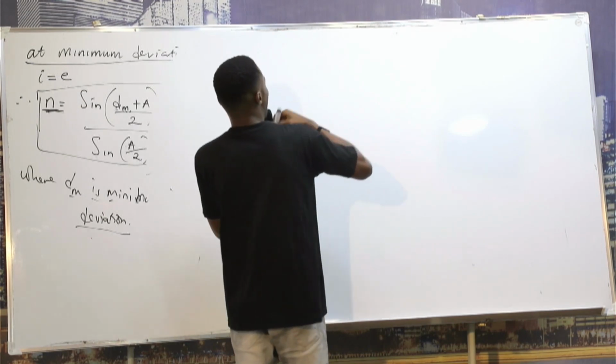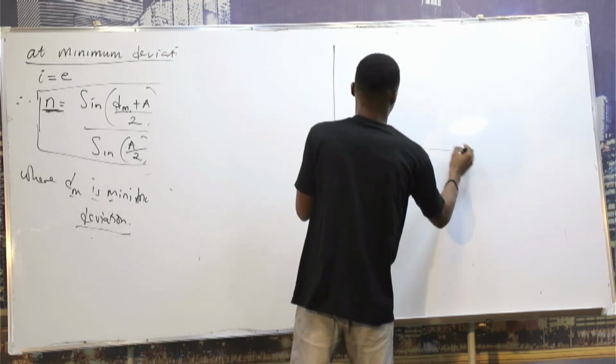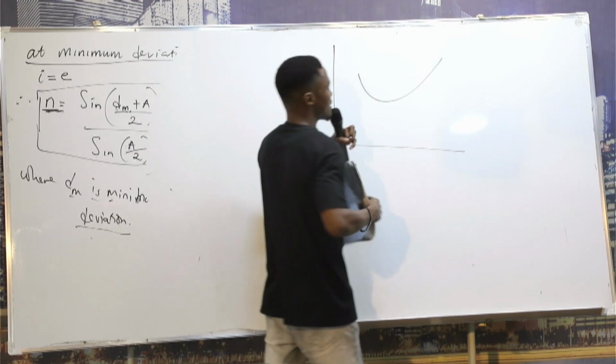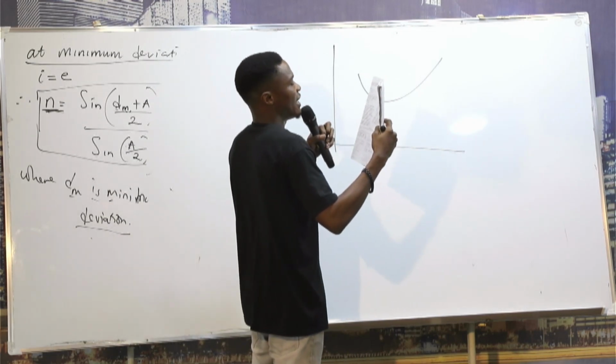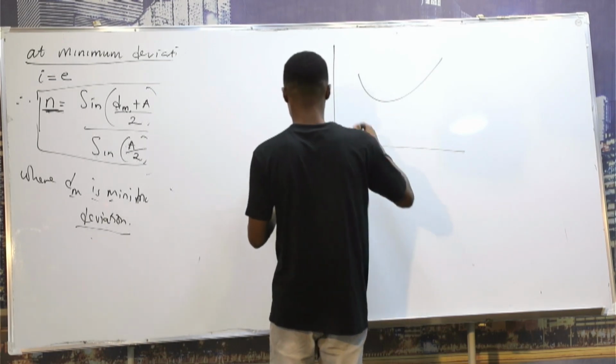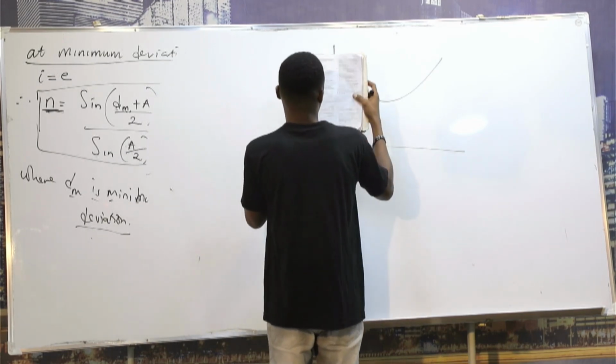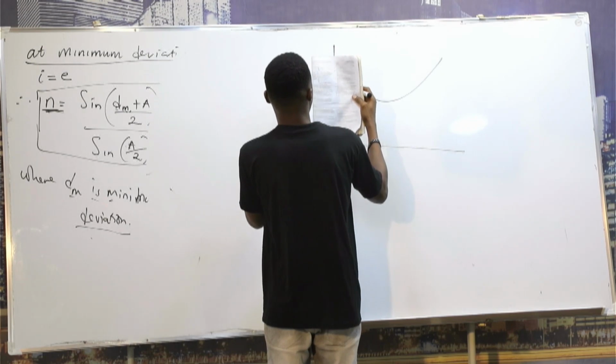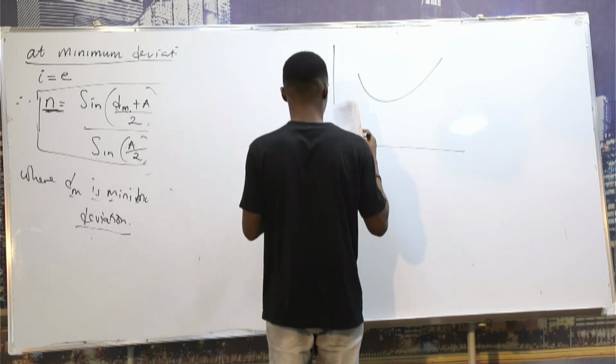2005, number 39. They drew a diagram like this. Let me write down the numbers first. If you are using Prep 50, it is page 85, number 36.